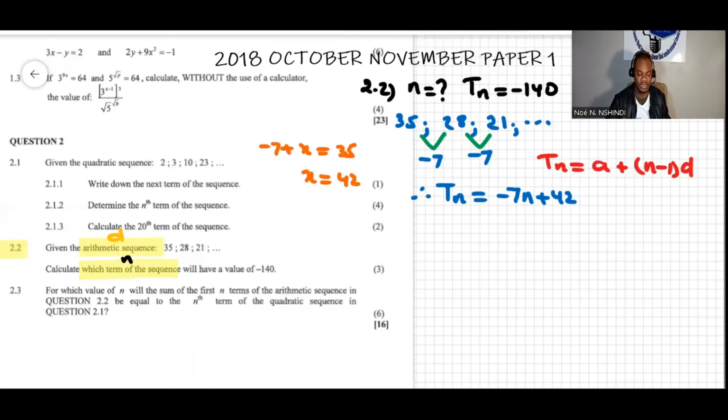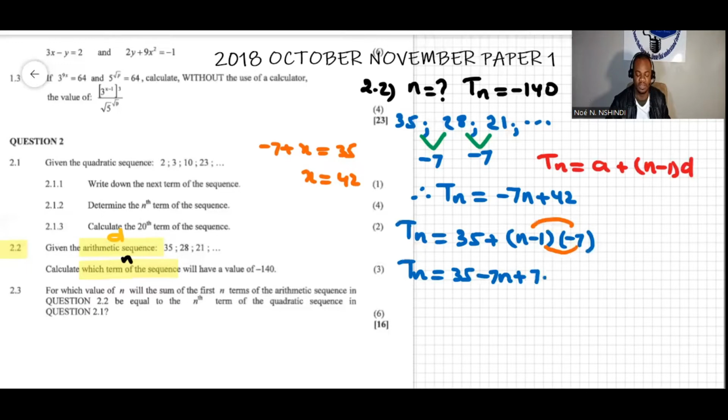Here I can write Tn equals a, the first term, which is 35, plus n minus 1 times negative 7. We multiply negative 7 by n, and negative 7 by negative 1, and this gives Tn equals 35 minus 7n plus 7, so Tn equals negative 7n plus 42. The same values.